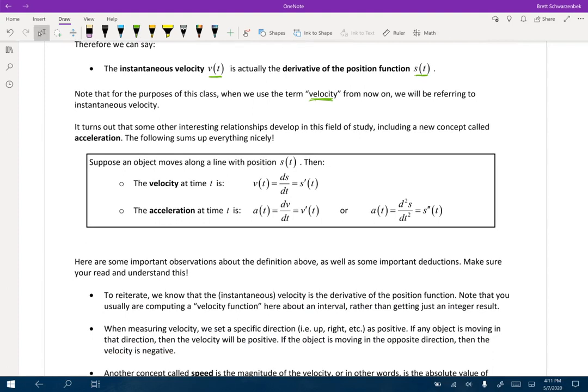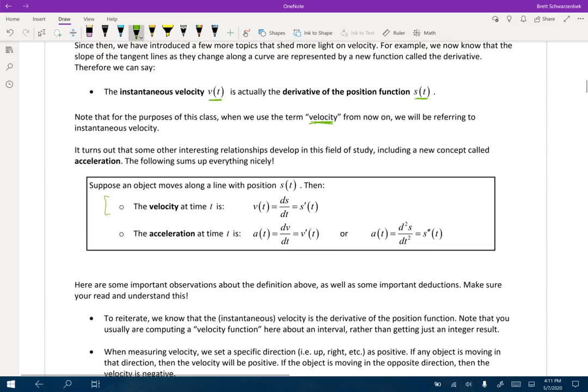If you look down here, you'll see a summary of what we know already. If we want to find the instantaneous velocity, which we'll just call the velocity of a function, we have to take the derivative of position, s, with respect to time. Another way to write that is s prime of t.